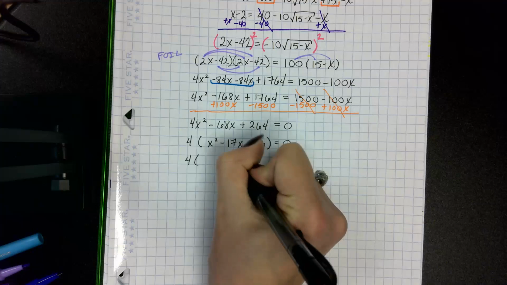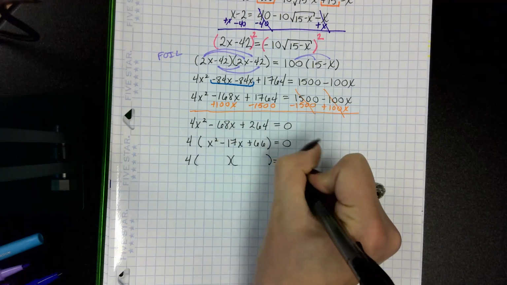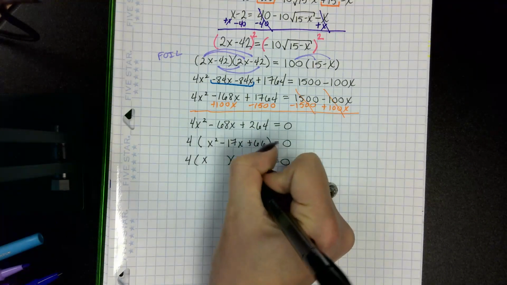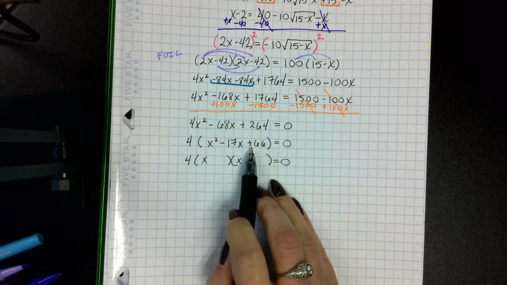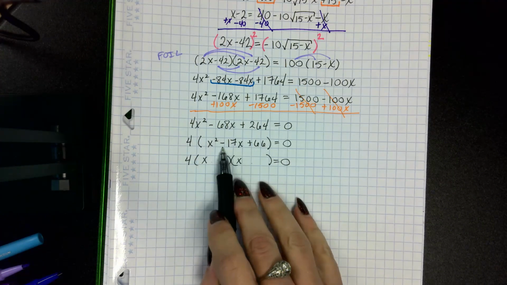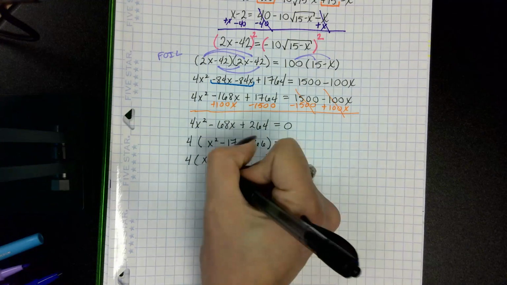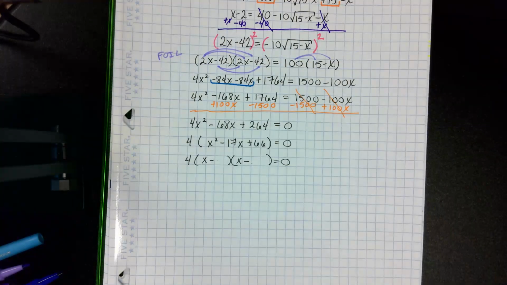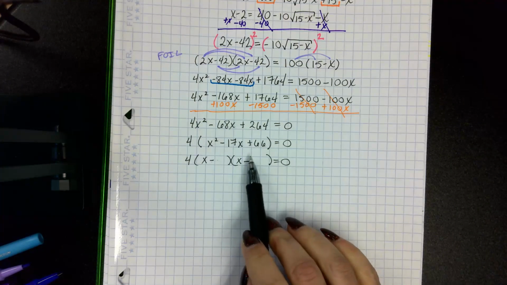So I'm going to split it into 2 sets of parentheses, split up the x's. When the second symbol is positive, it tells me they're both going to have the same sign. And since this one's negative, I know they both have to be negative. So x minus, 11 and 6.